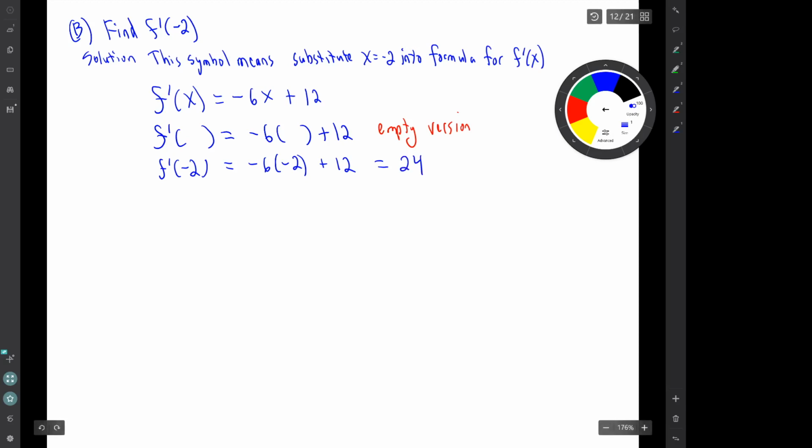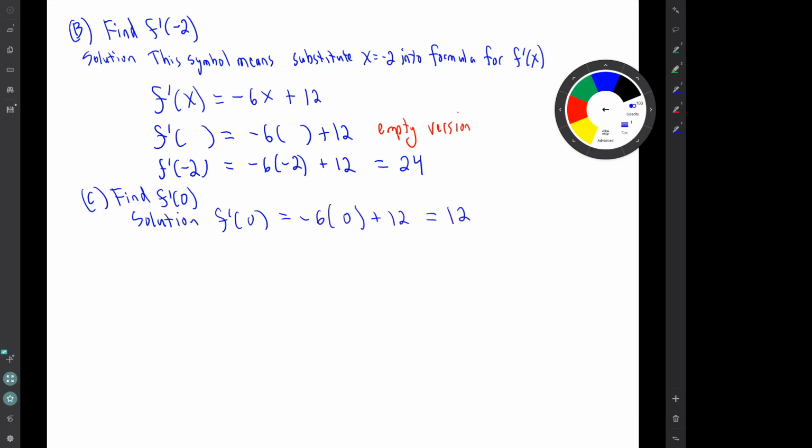In question C, we're supposed to find f prime parentheses 0. The result is f prime parentheses 0 is 12. Again, we used the empty version. We substituted in x equals 0. Question D, we're supposed to find f prime parentheses 2.